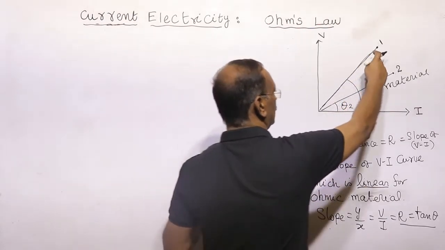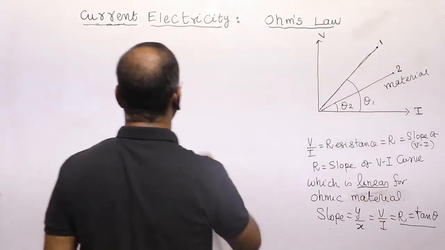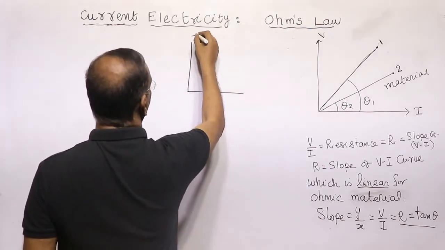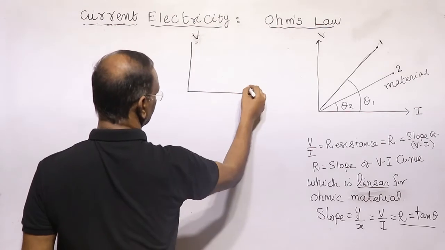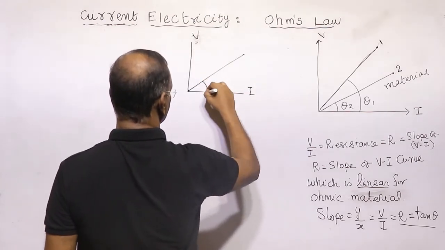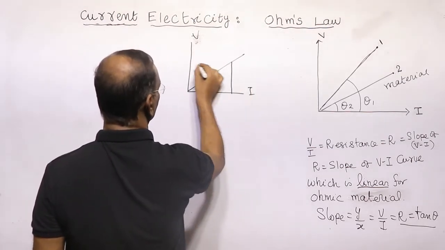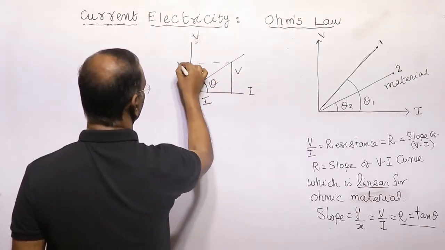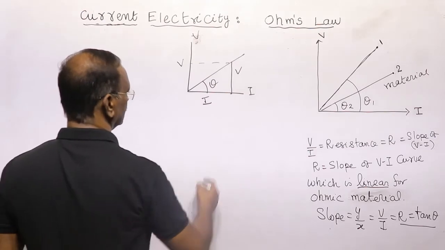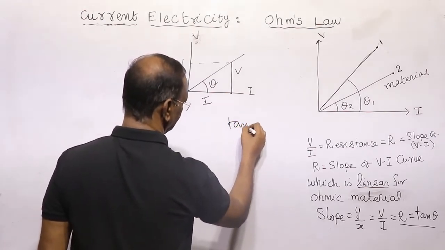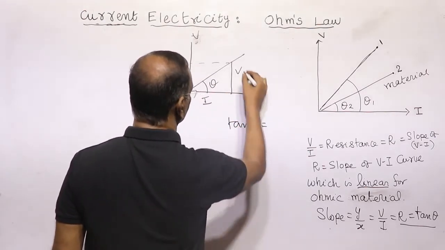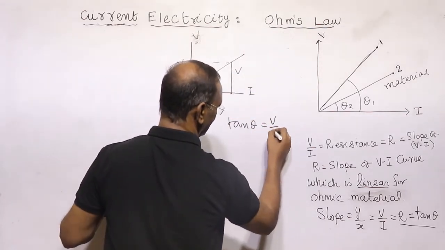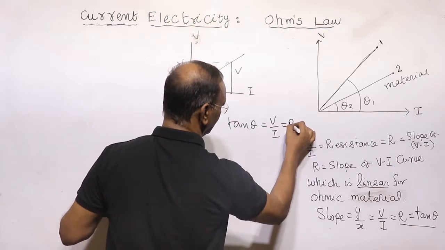As we have seen for this VI graph, this is theta, this is voltage and this is current, and tan theta is equal to voltage by current, that is y coordinate by x coordinate, that is V by I, which is equal to resistance.